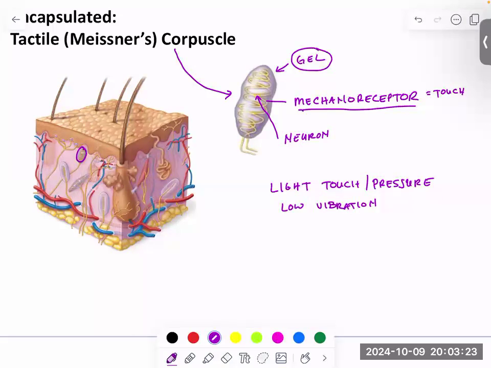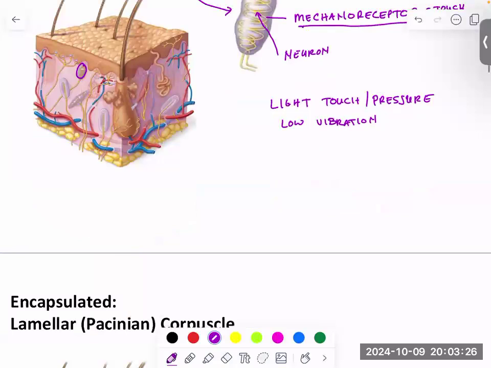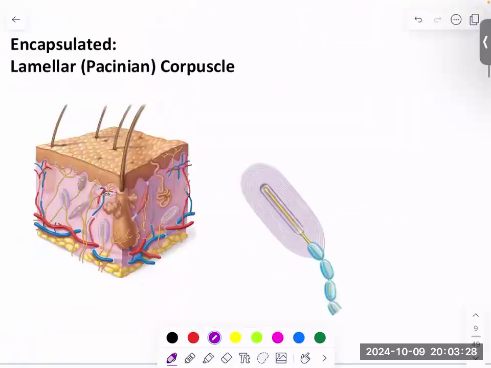There's one more touch receptor. It is called Pacinian. Pacinian's corpuscle. This one has layers of gel, and inside there's the neuron. So this one is found deep in the skin, almost in the hypodermis, still in the dermis.